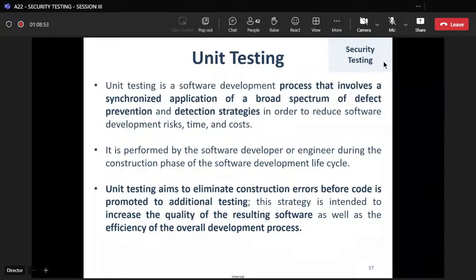So it is one of the primary requirements for the organization to detect bugs or errors at the early stage itself, at the time of unit testing.